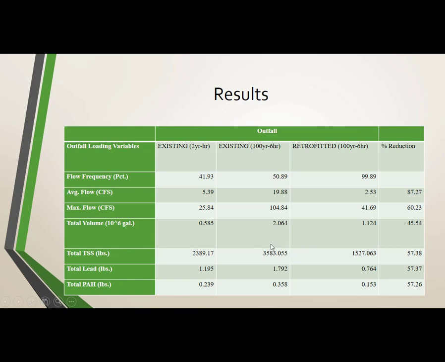The total TSS is reduced by 55%, which was 3,583 pounds in the existing condition and 1,527 in the retrofitted condition. We can see similar reductions: 1.7 pounds of lead reduced to 0.7 pounds, and 0.3 pounds of PAH reduced to 0.15.